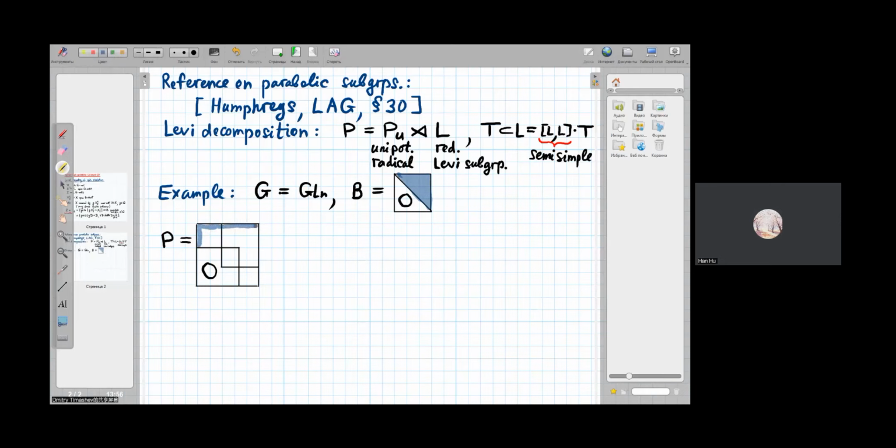Of course, the matrices in the group should be non-degenerate, so the non-degeneracy condition is imposed on the diagonal blocks.